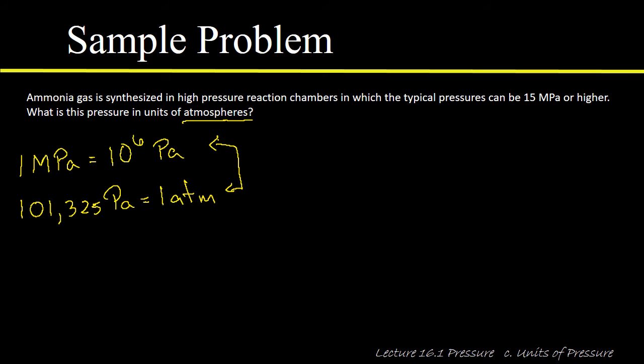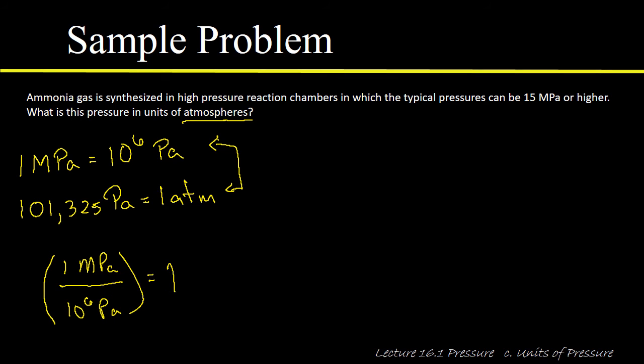Okay. Let's take the first one, megapascals and pascals. Remember that the way dimensional analysis works is we make conversion factors by making fractions that are equal to 1. And a fraction that's equal to 1 is anything where the numerator and the denominator are equal. So we could write 1 megapascal over 10 to the 6th Pascal.